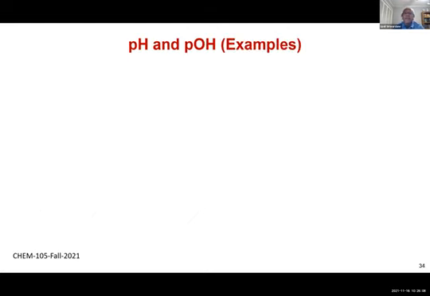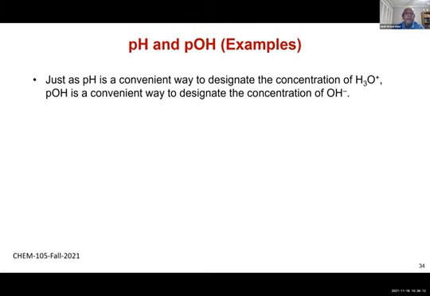Let's look at examples of pH and pOH calculation. Just as pH is a convenient way to designate hydronium ion concentration, pOH is a way to designate the concentration of OH ions.